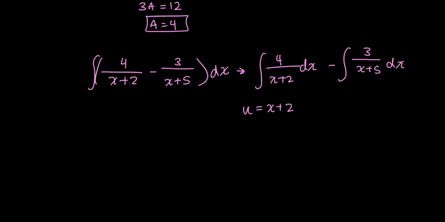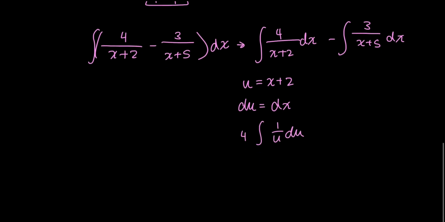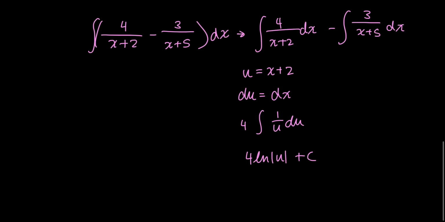In the first one, it's x + 2, du is equal to dx, and then it becomes a 1 over u du situation, where then you end up with 4 ln|u| + C, or 4 ln|x + 2| + C.